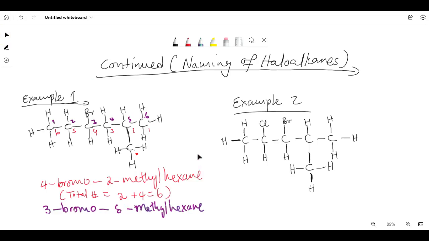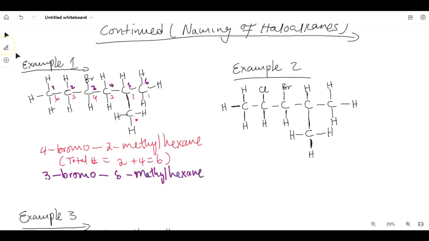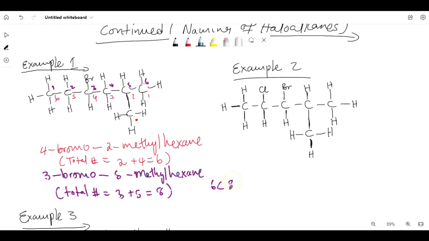If I do the total of the positions, I would have 3 plus 5, which is 8. As you know, 6 is less than 8, and the one that we want is the one with the least total number of positions. So this is the correct name and this one is not correct.